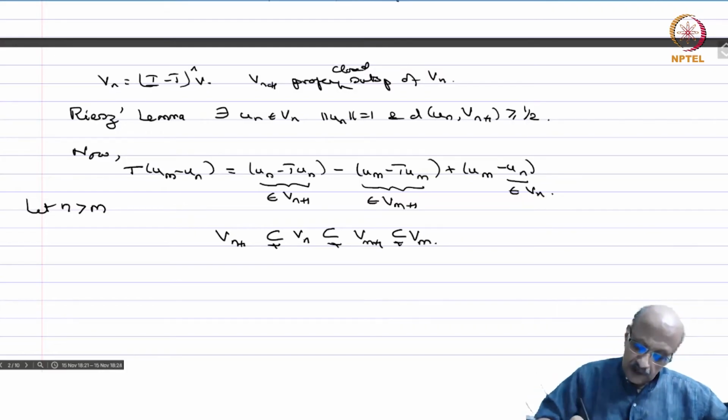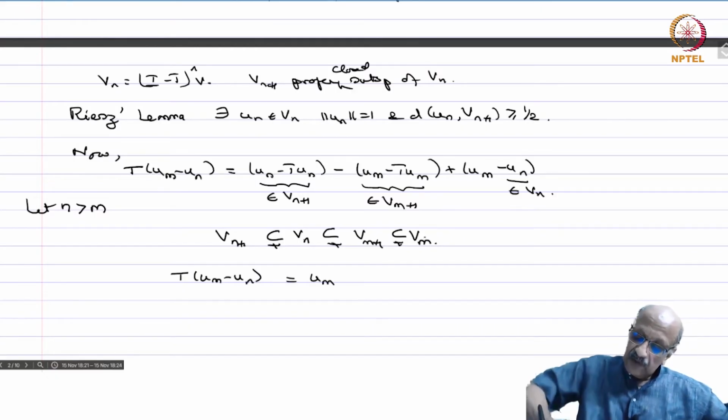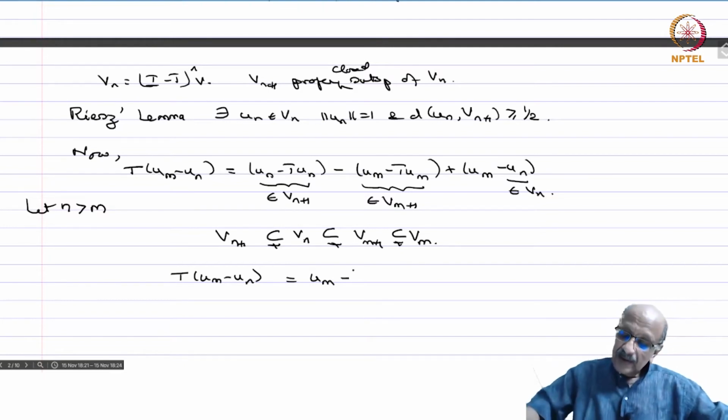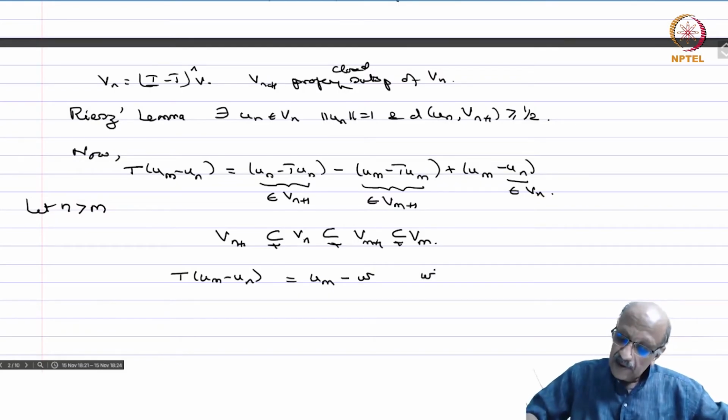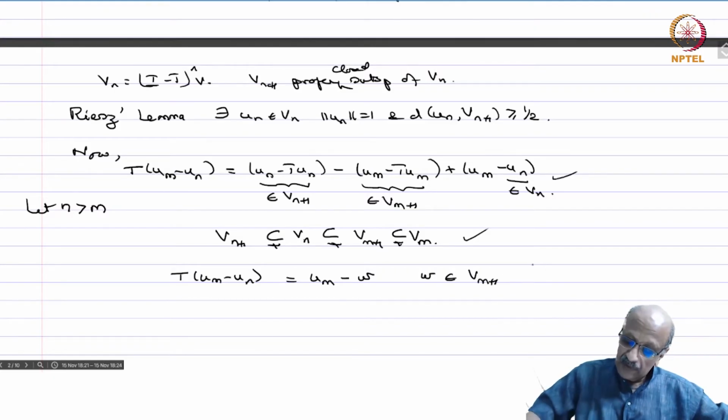So you can write Tun minus Tum equals un minus w, where w is in one of these three things, and therefore w belongs to Vm+1.